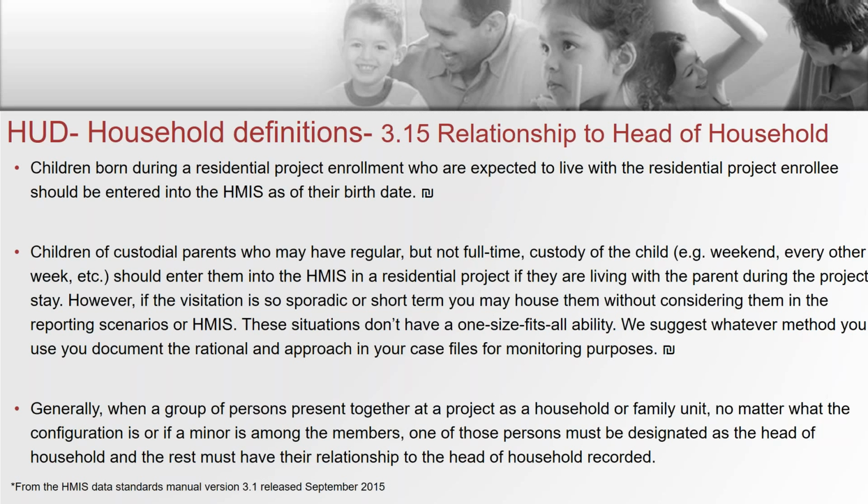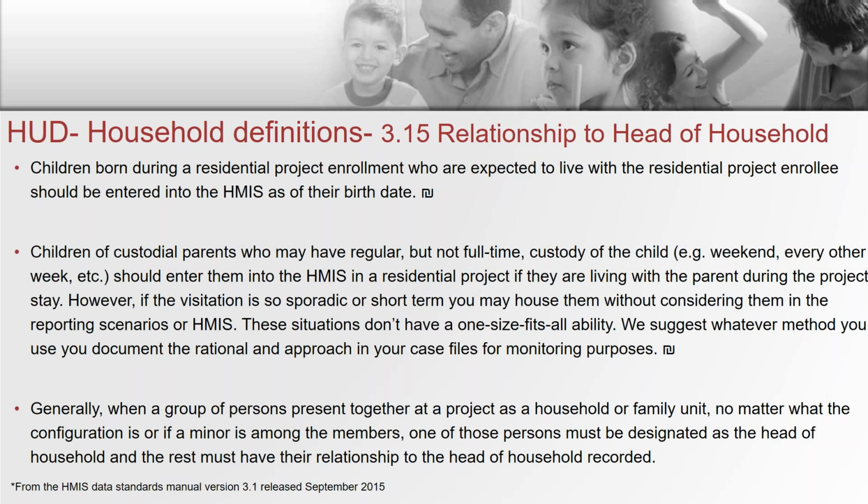And so last thing is, generally when a group of persons present together at a project as a household or family unit, no matter what the configuration is or if a minor is among the members, one of those persons must be designated as the head of household and the rest must have their relationship to the head of household recorded. So again, I find it best to just assess who's my primary client and then identify everybody's relationship to that person.